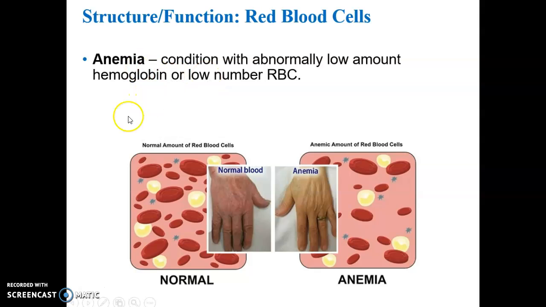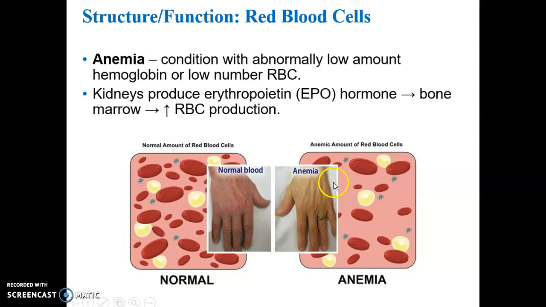So anemia is a condition with abnormally low amounts of hemoglobin and/or low red blood cells. And that can lead to low oxygen delivery at our tissues and could lead to a pale coloration to the skin.